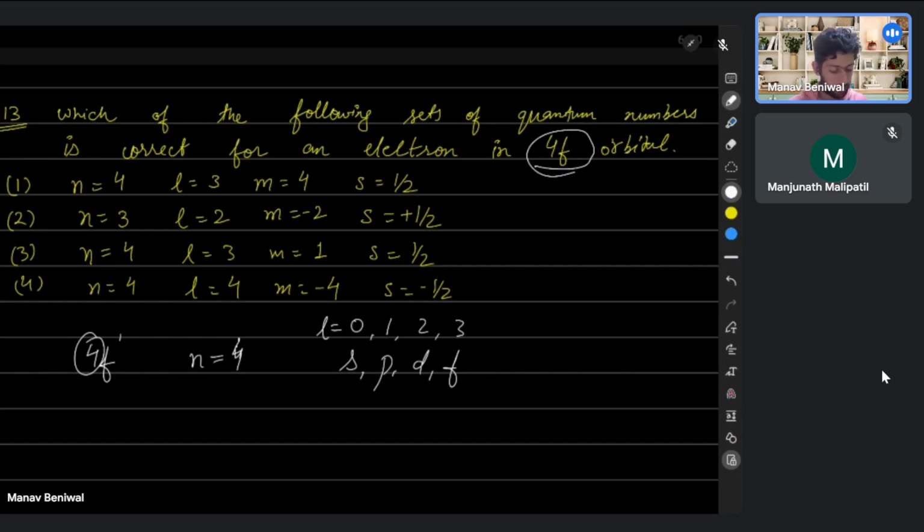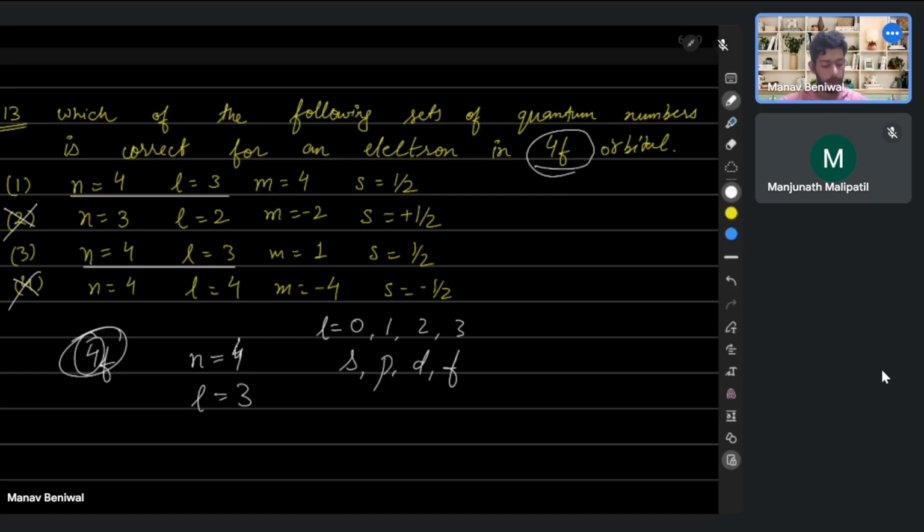So 4f means n is 4 and l is 3. So how many options have these two values? One is here, n is 4, l is 3, and the other is here, n is 4, l is 3. So we can simply rule out option 2 and option 4.